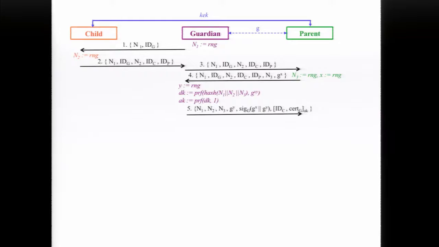And in message 5, it sends its certificate and signature for authentication purposes. It also sends a proof of the successful derivation of the Diffie-Hellman shared secret, which is the key AK here. So actually, this part uses AK to compute the authentication tag.